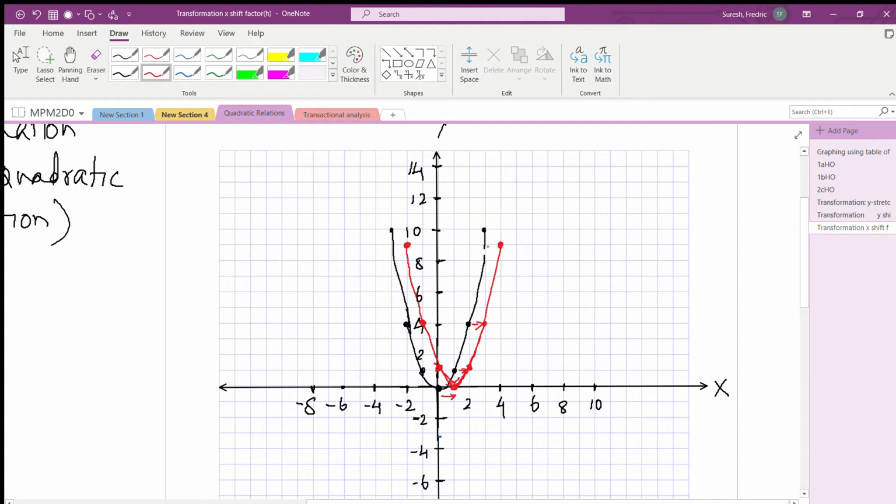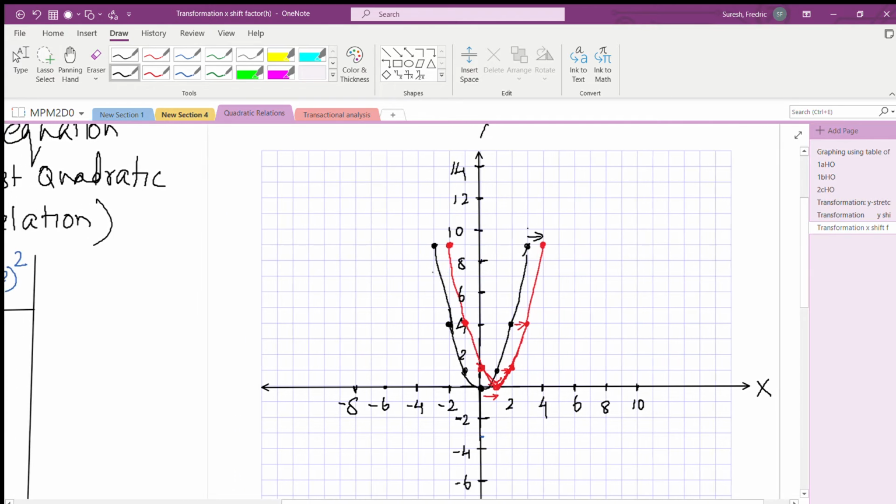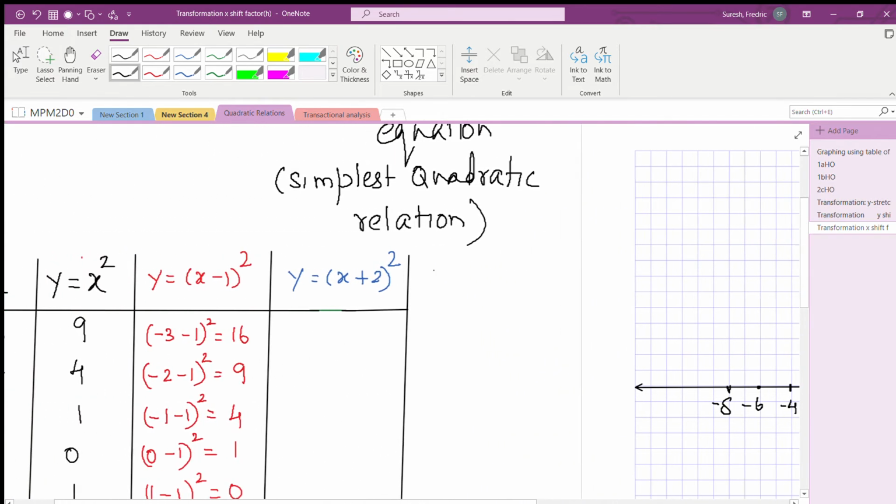And originally we had 3, 9. Okay, so 3, 9. So here, this is not the point. I made a mistake there. So let's correct it. And then originally we had a 3, 9, and that also has moved by 1 unit. So the whole parabola, you can check it on the left side as well. The whole parabola has moved to the right by 1 unit.